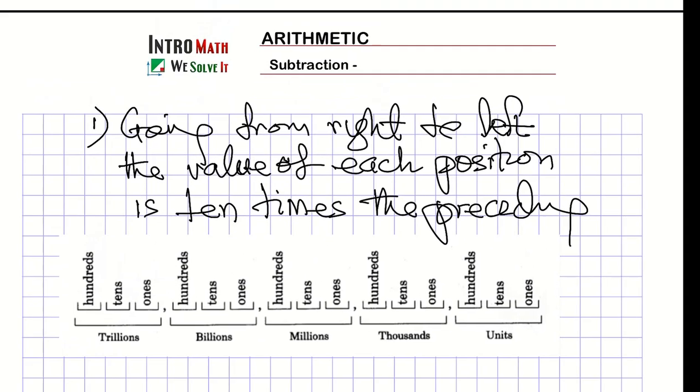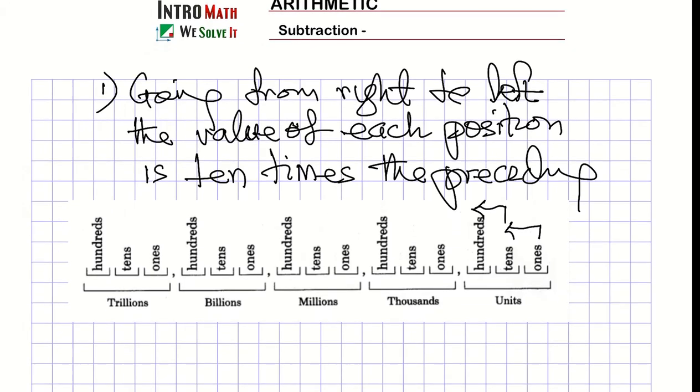So if you go from 1s to 10s, it's like you multiply by a factor of 10. If you go from tens to hundreds, it's like you multiply by a factor of 10, right? You multiply by 10, you multiply by 10. That's what the little paragraph here is saying.